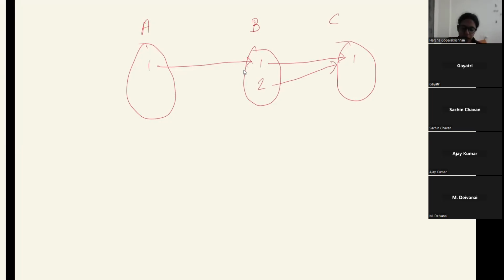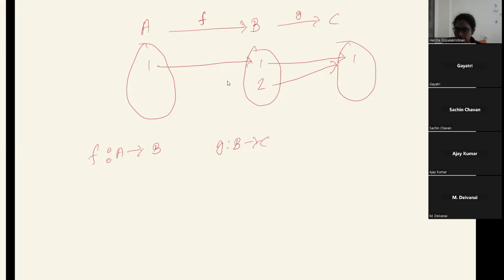I have two maps, F from A to B and G from B to C. A is the set {1}, B is the set {1}, and C is the set {1}.